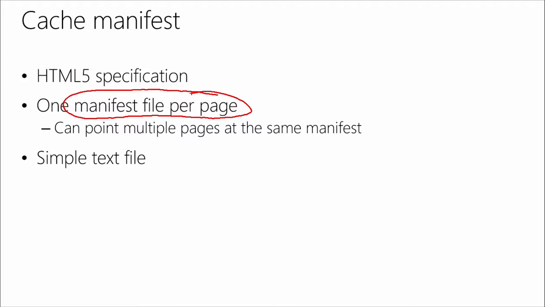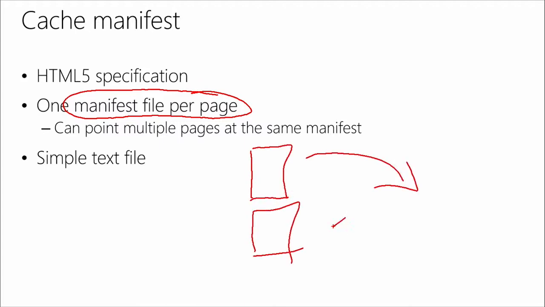The catch, of course, is maybe I just want to make sure that it's going to be hanging on to a couple of CSS files that I use across the entire site. So I want to go in and set those up. I will need to update every page with that cache manifest, but I can point multiple pages to that exact same manifest.